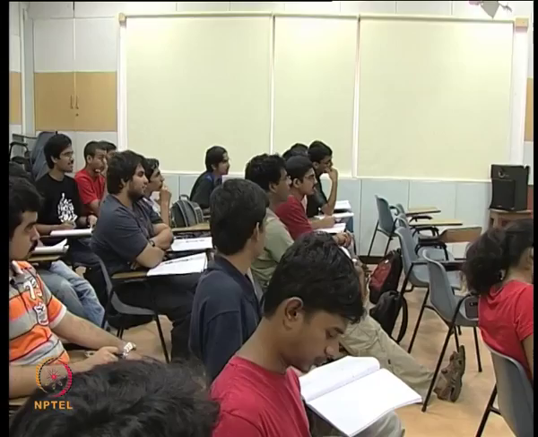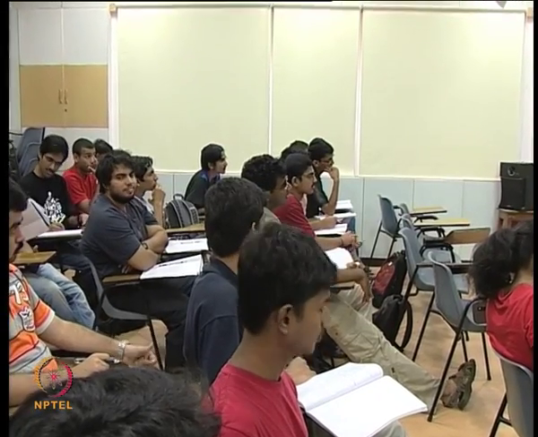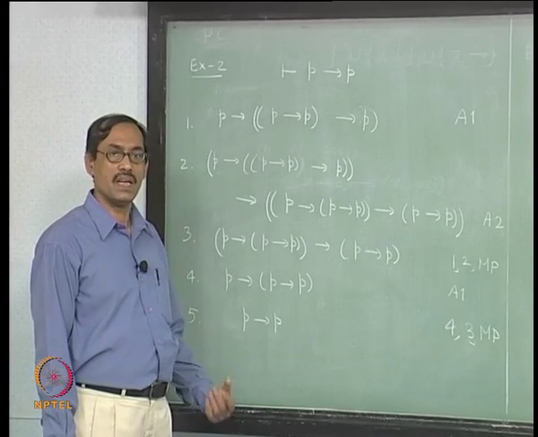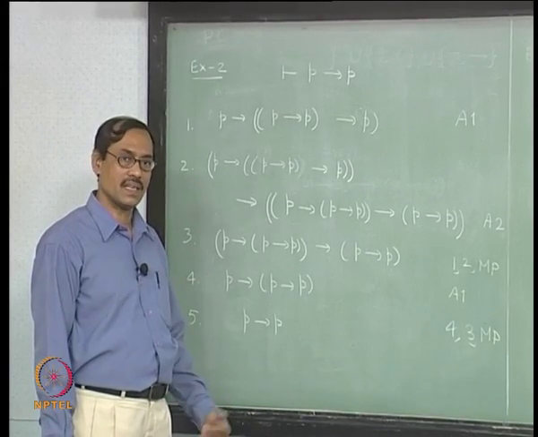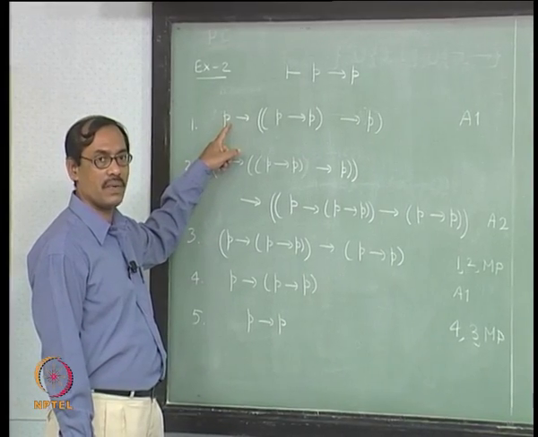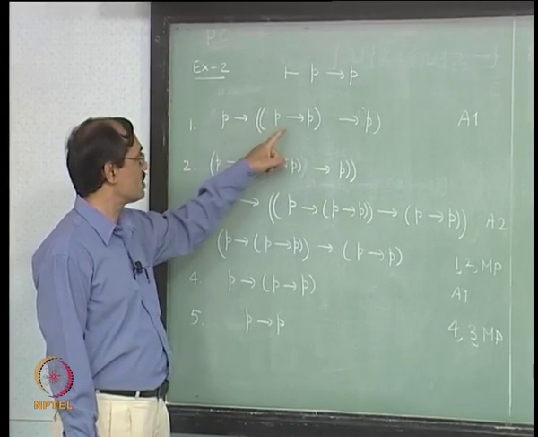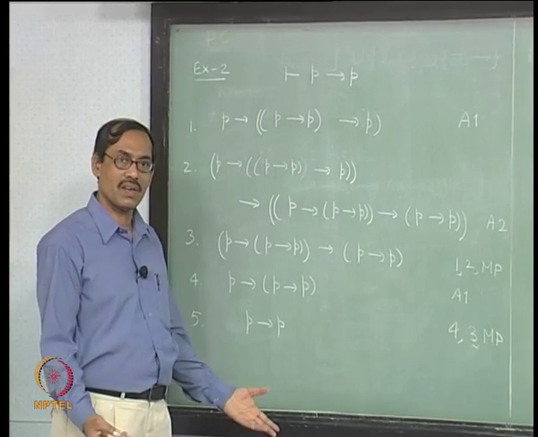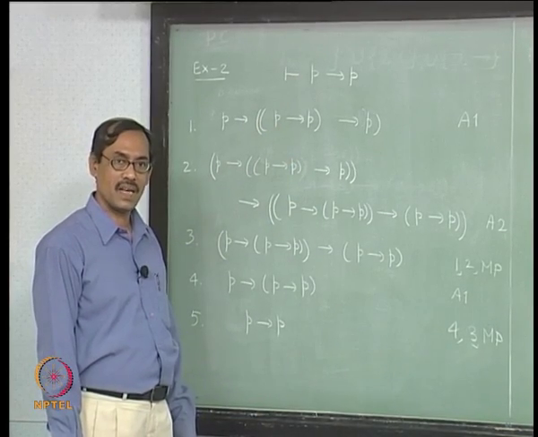Any proposition. It is an axiom scheme. So, any instance of that is an axiom. Substitute anything for A and B, that is axiom 1. So, I substitute P implies Q for A, I substitute P implies Q for B also, then also I get one axiom, right.